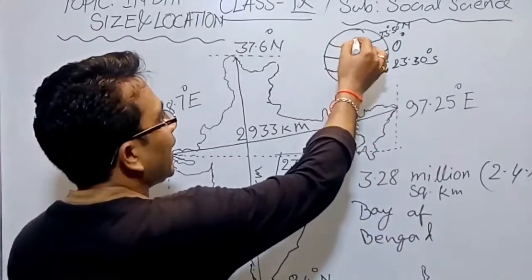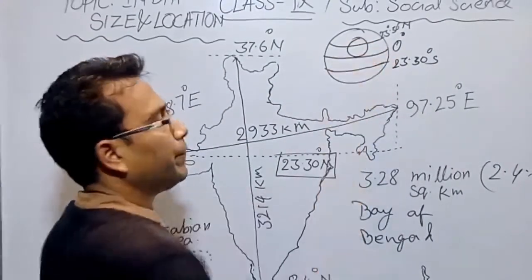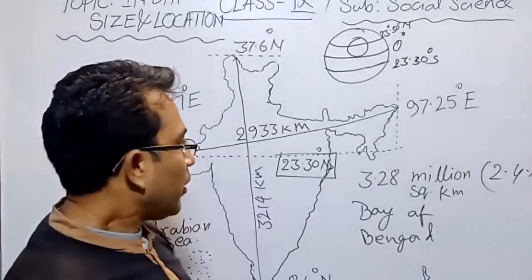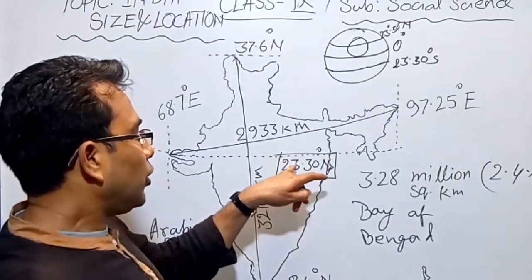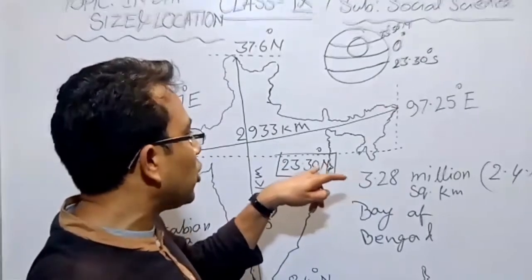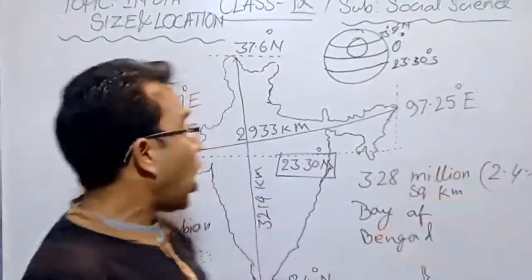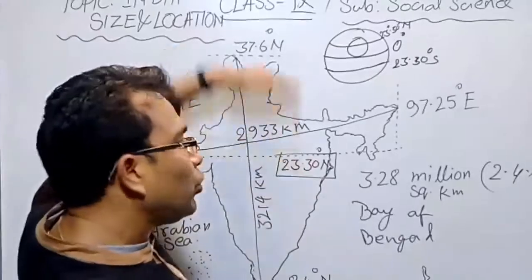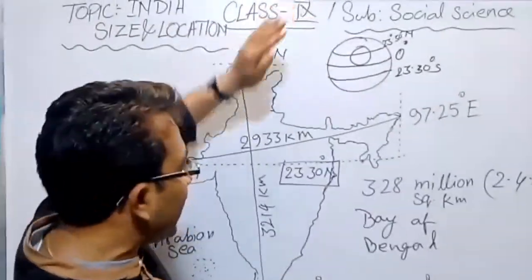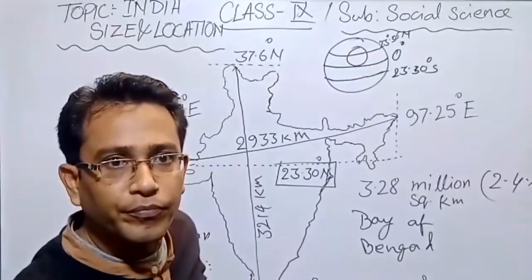So India lies almost here, because the Tropic of Cancer, that is 23 and a half degree north latitude, passes almost in the middle, dividing our country into two equal halves on the northern side and southern side.